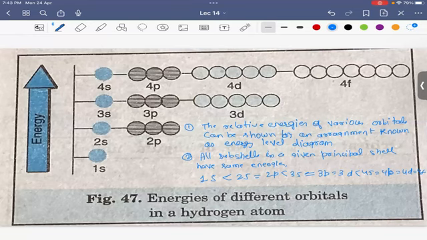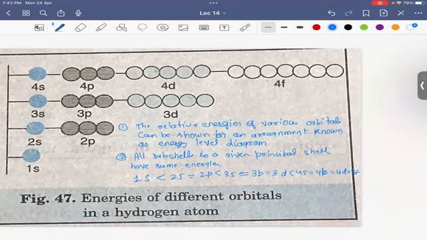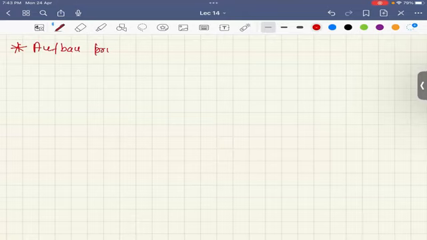So what we are going to study now is the Aufbau principle, right? What does this principle tell us?